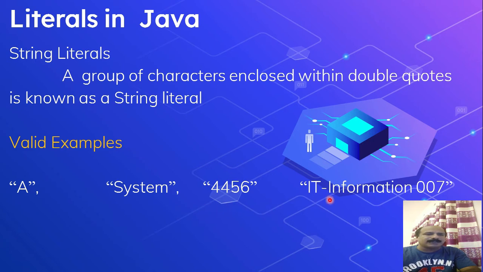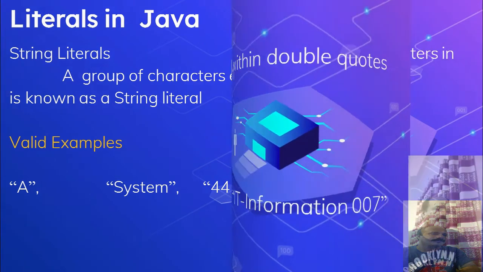Now see here, numbers, special symbol, character, everything is combined. So this also qualifies for string literal. So what is a string literal? Anything when you enclose within double quotes, it's called string literals.